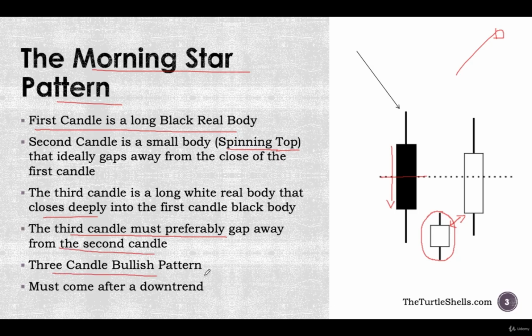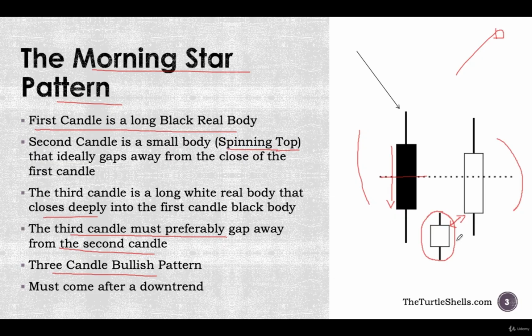And this is the first three candle pattern that we have seen. Till now we have seen the hammer, a single candle pattern, and the piercing pattern and the bullish engulfing pattern, which were two candle patterns. This is the three candle pattern. That is why it is more powerful, because the first candle represents that the bears are in complete control over the market.